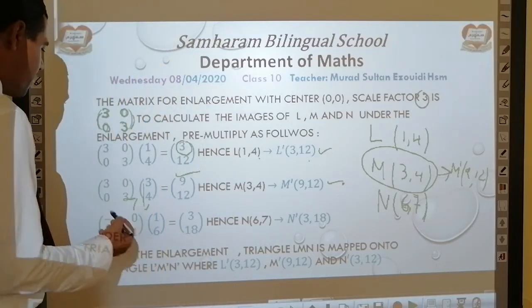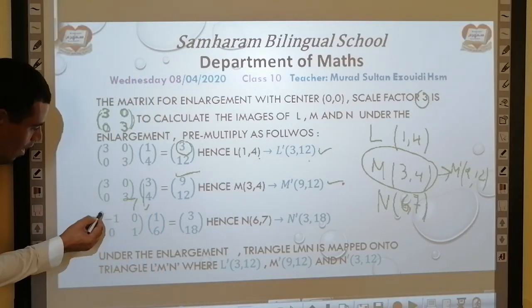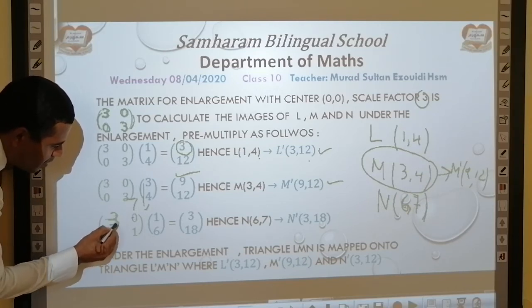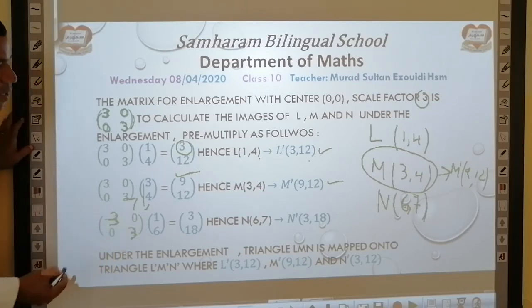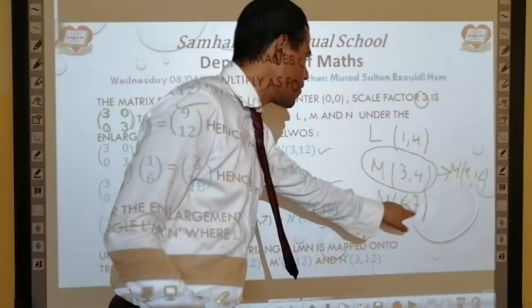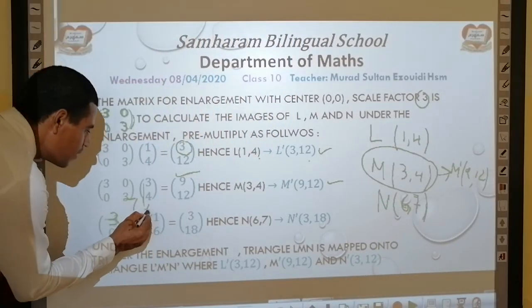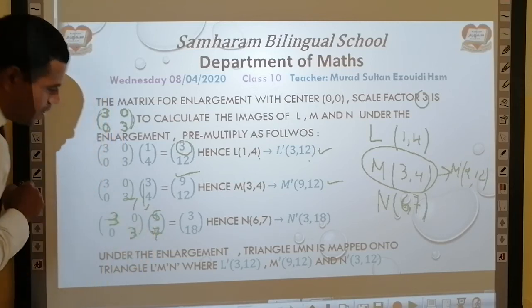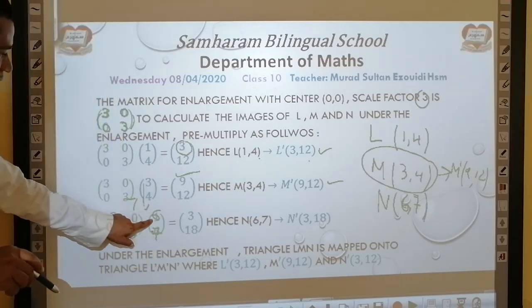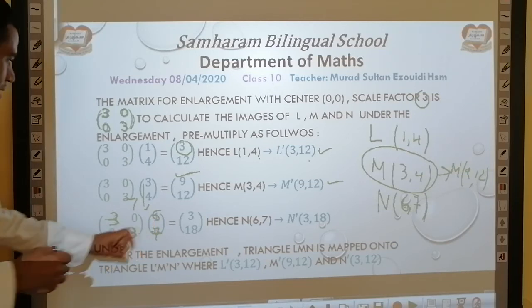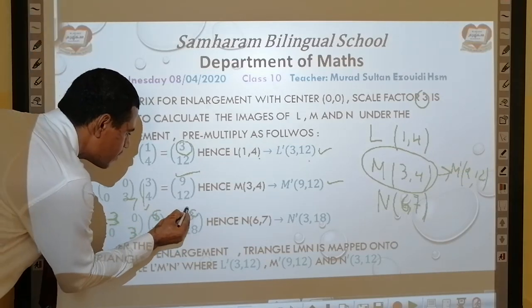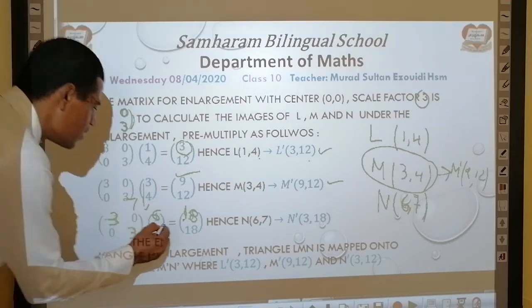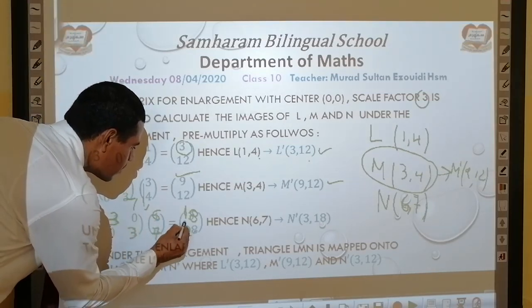Then the last one. Here we have 3, 0 and 0, 3 multiplied by 6, 7. 3 by 6 is 18, then 3 by 7 is 21.